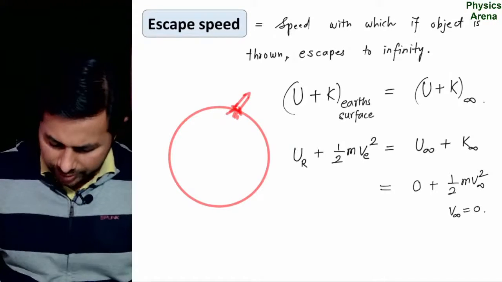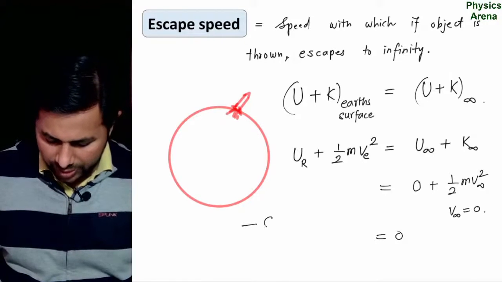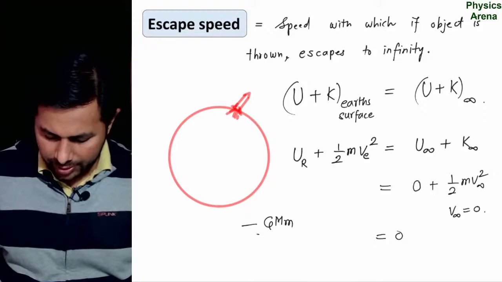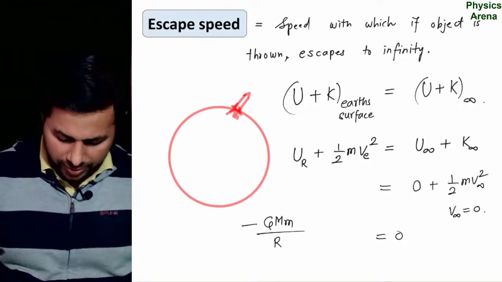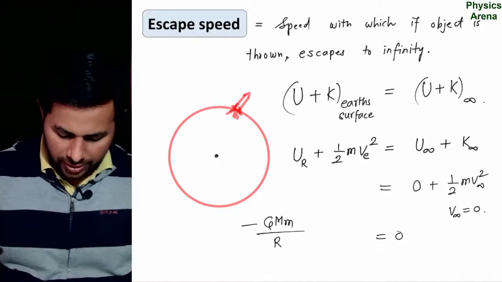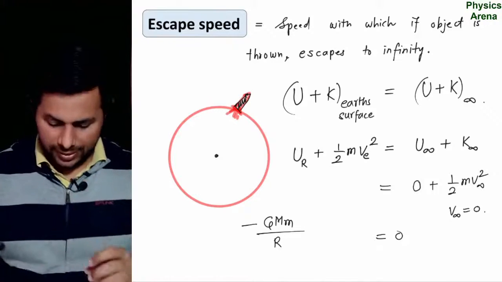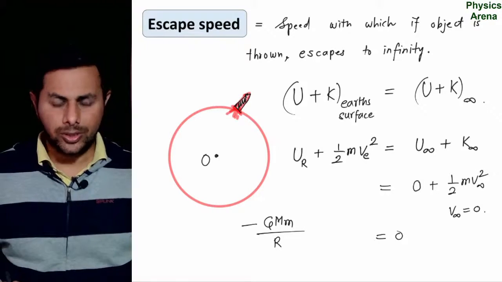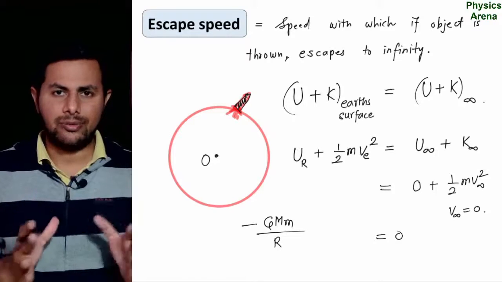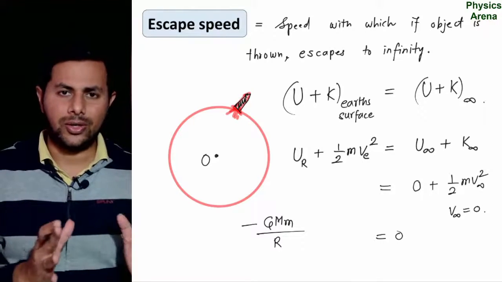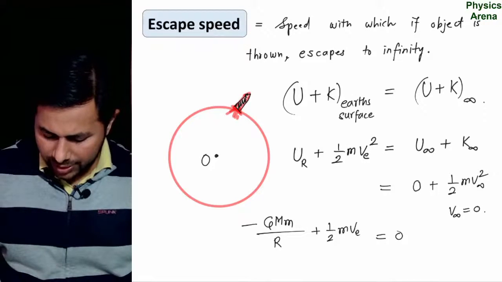Now let's substitute. The right hand side is 0. So U of r is minus GMm over capital R, because the object is on Earth's surface, and the distance between that object and the center of the Earth is capital R. So that much is the gravitational potential energy of an object on Earth's surface, plus half of m into v squared.